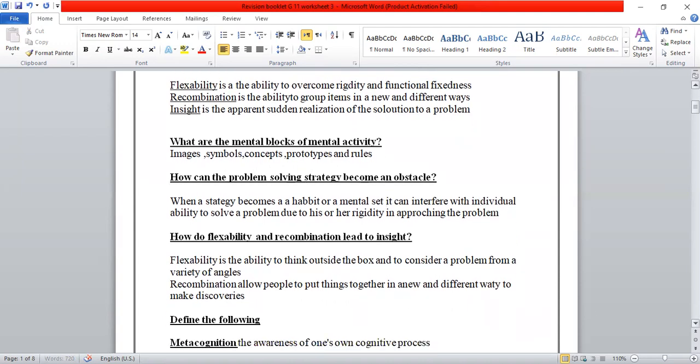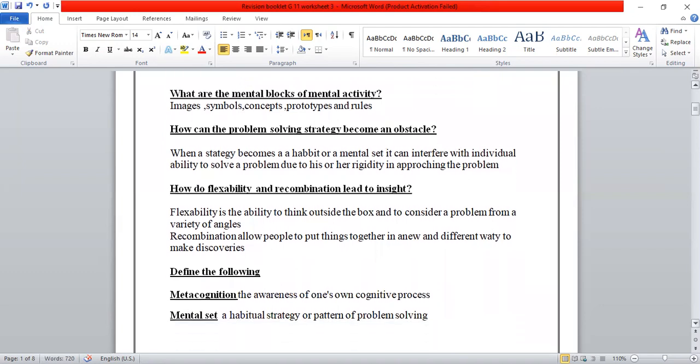How do flexibility and recombination lead to insight? We said that flexibility is the ability to think outside the box and to consider a problem from a variety of angles. You are looking at the problem from different kinds of angles.